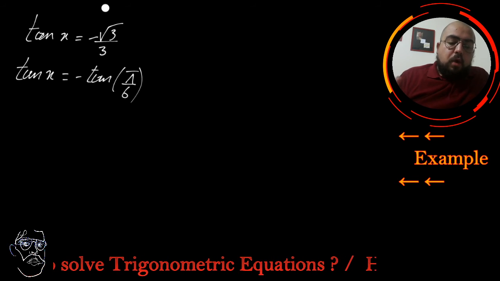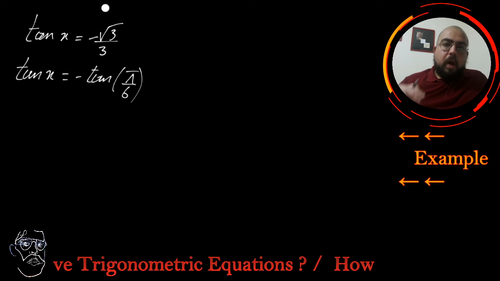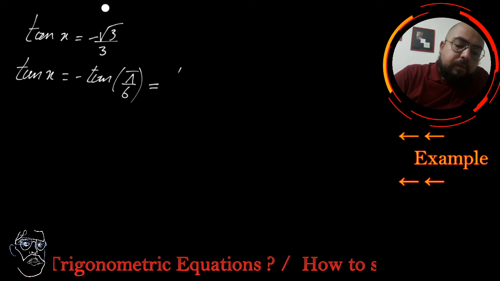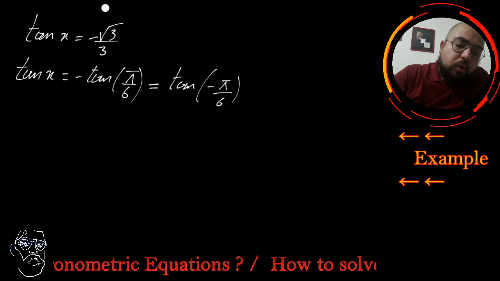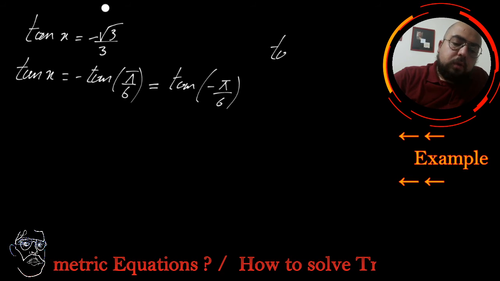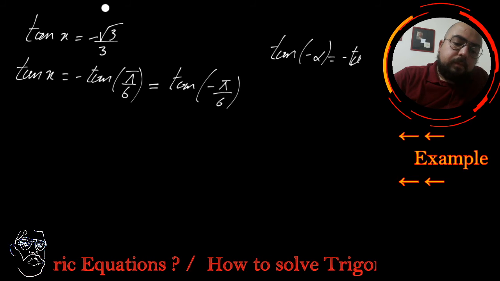So, which associated arcs can I use in order to transform minus tangent to tangent? It's very simple. You have tangent of minus pi over 6, which is minus tangent of pi over 6. I will remind you, tangent of minus alpha is minus tangent alpha.